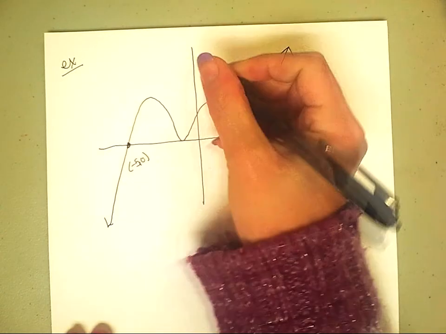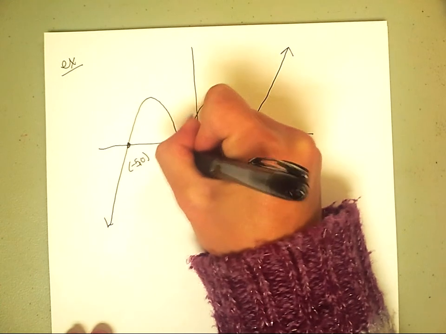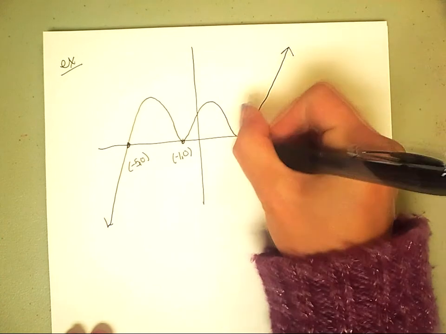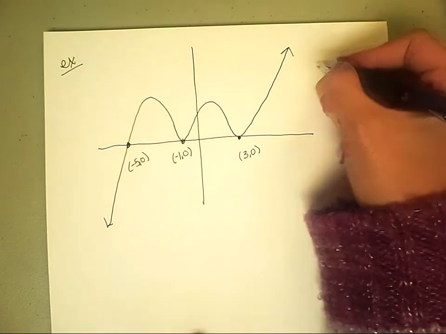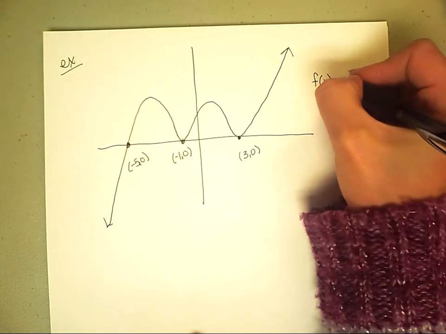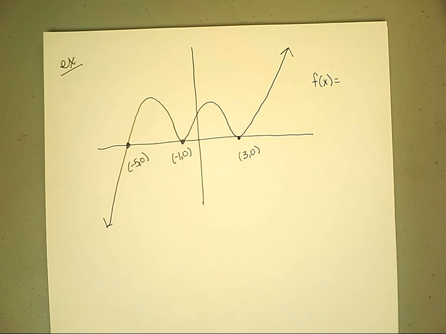And let's say this is the point -5, 0. Why not? -1, 0. And let's say this is 3, 0. Okay. What is it that we can say about f of x?